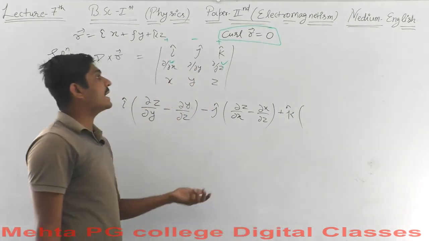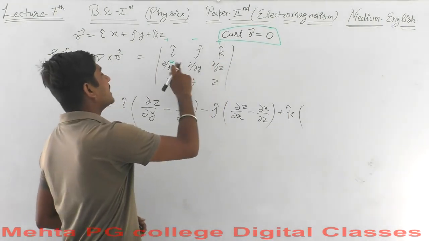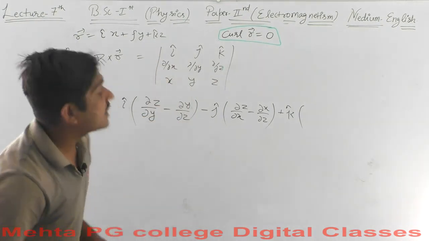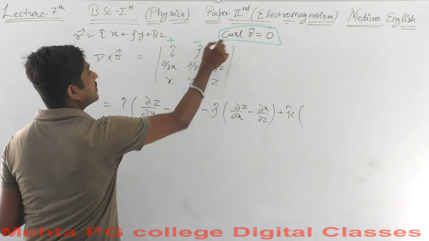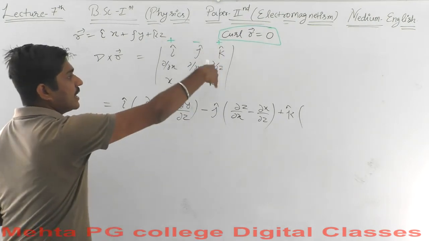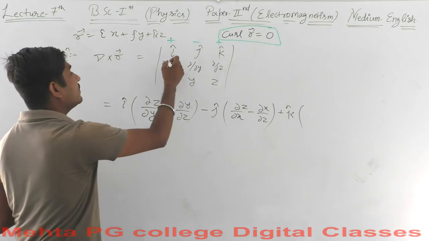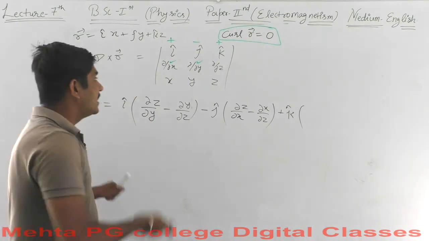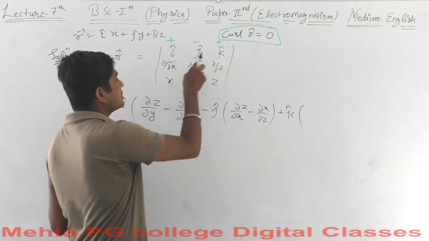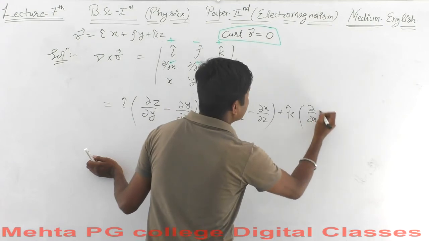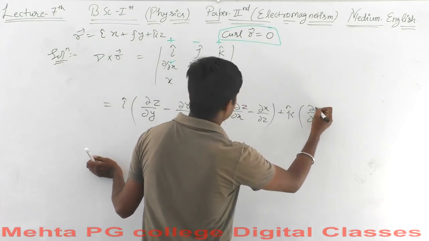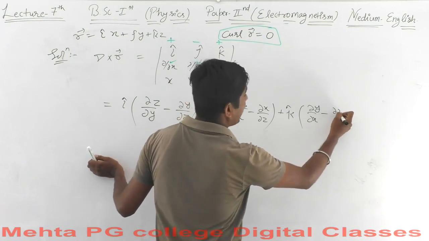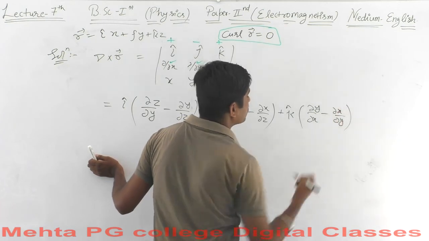We do not go through any change here; we just neglect its row and column, and come up with the calculation for the remaining two. So k cap is curly over curly x for y minus curly over curly y for x.